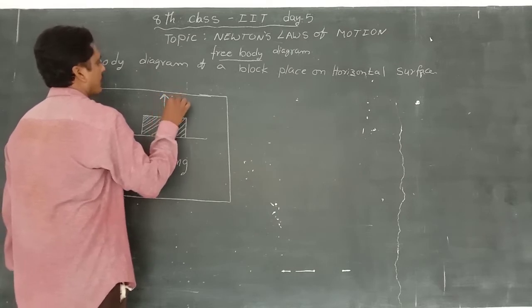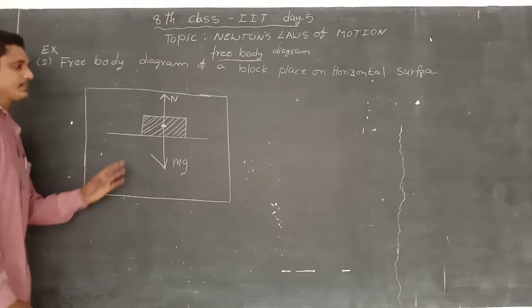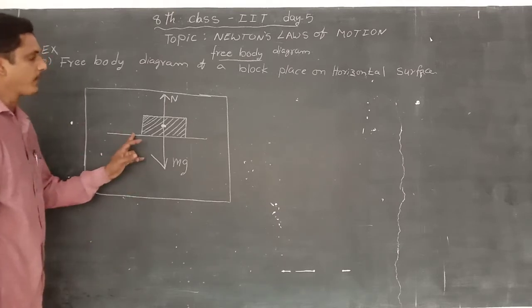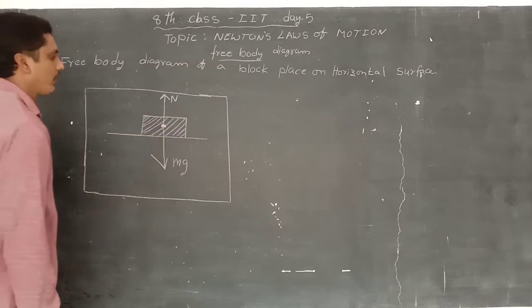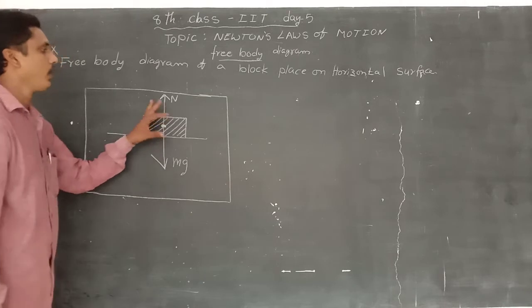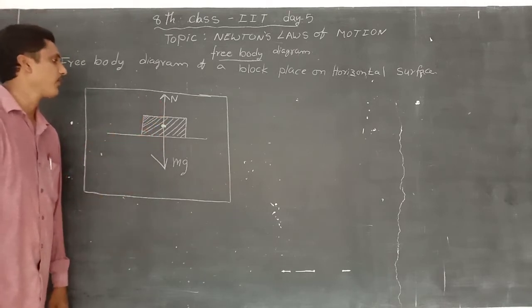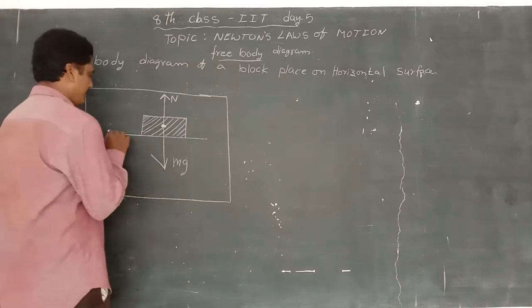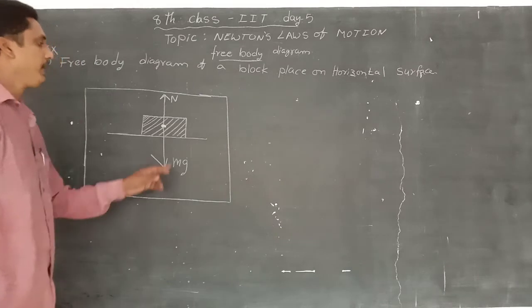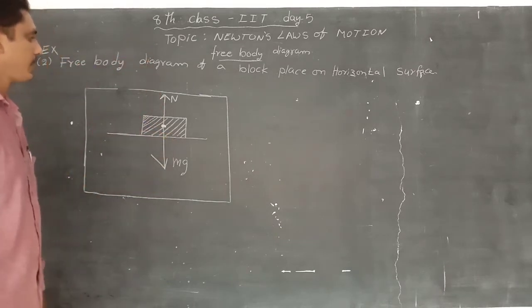So this is the free body diagram of a block placed on a horizontal surface.